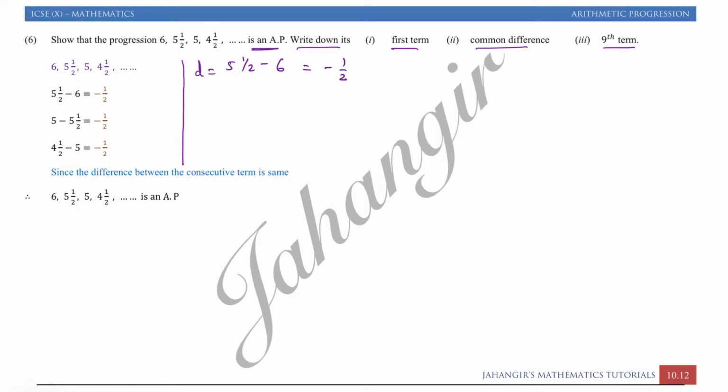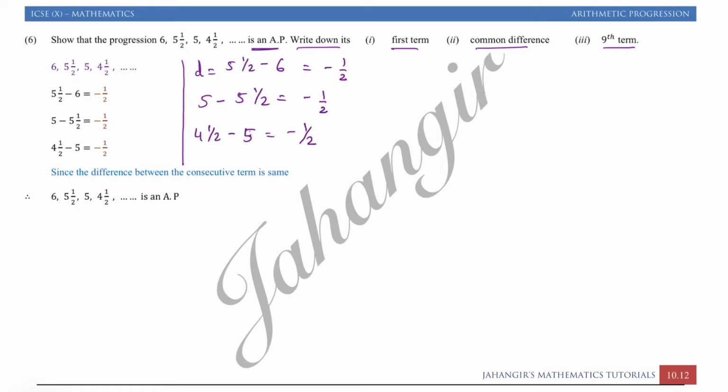Second, again we will write the same thing, 5 minus 5.5, that is equal to again minus half. 4.5 minus 5, that is again minus half.